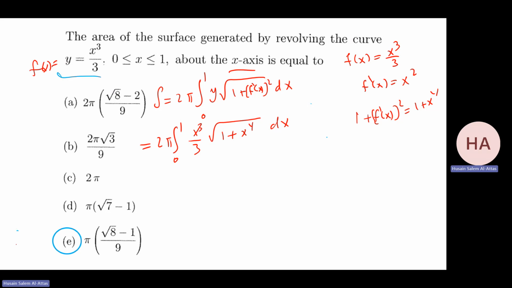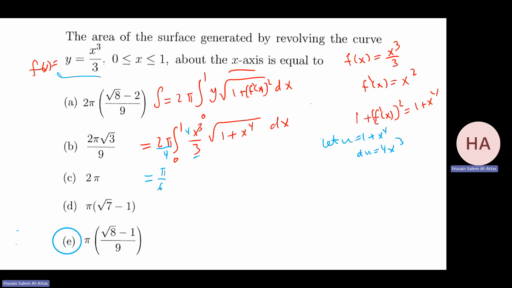So I let u equal 1 plus x to the power 4. du will be 4x cubed. So I need 4 over 4. That gives me what? I need the 3 also to take it out. That will be pi over 6.